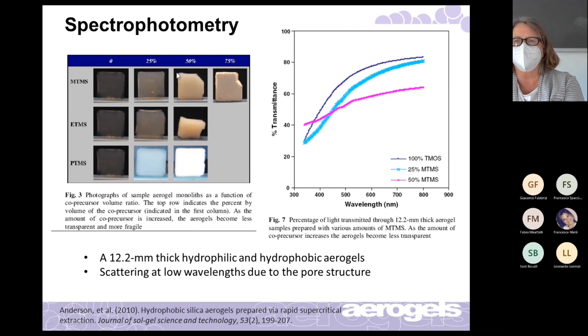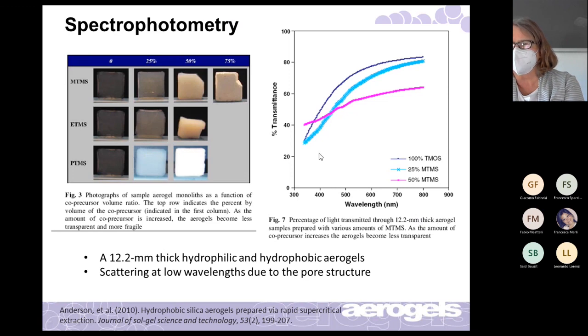This is just TMOS, and it's fairly translucent. What we measure with the spectrophotometer is the amount of light transmitted versus wavelength, and this is the visible range. Here's what we get. These are 12.2 millimeter thick samples. Not a lot of light, but it approaches 80%.